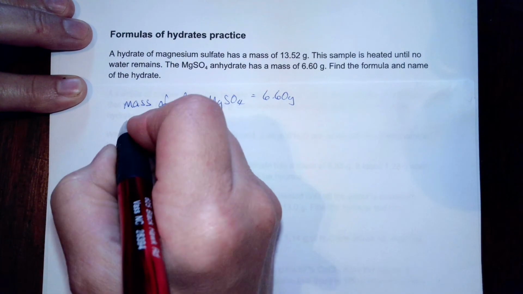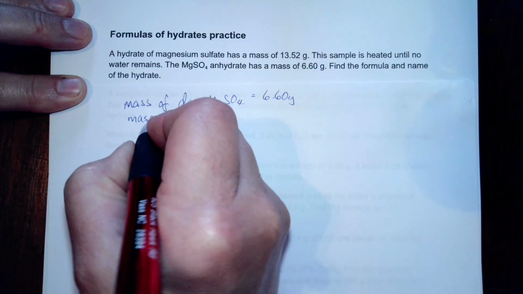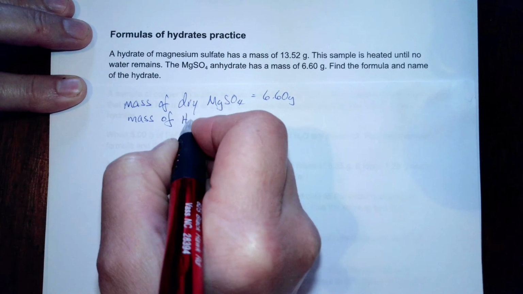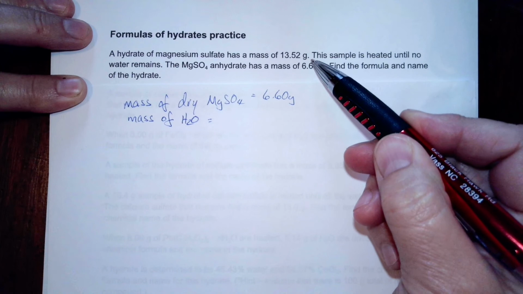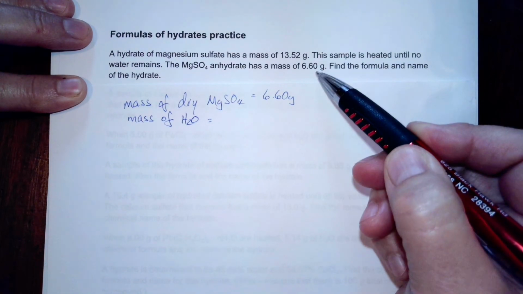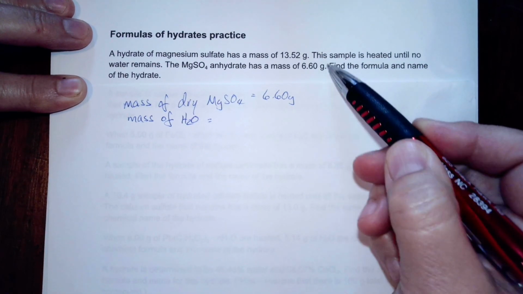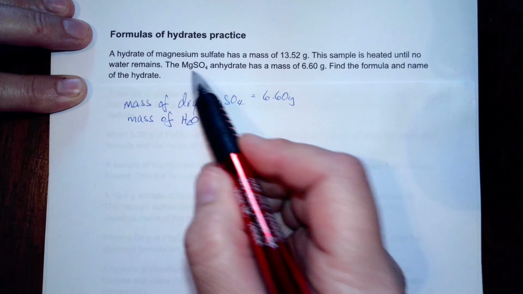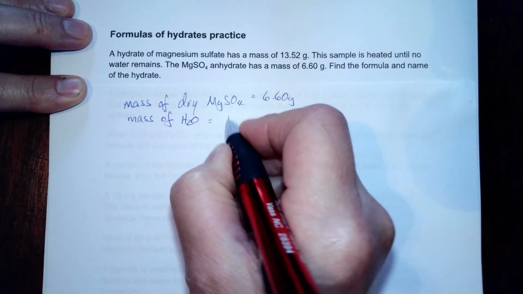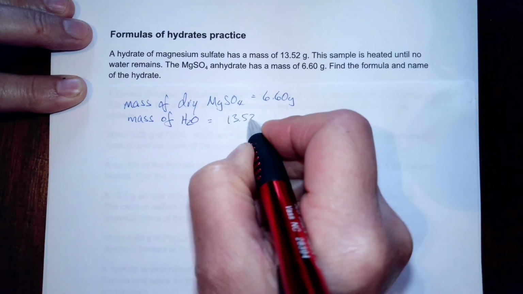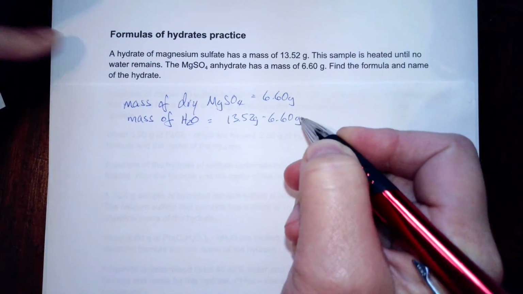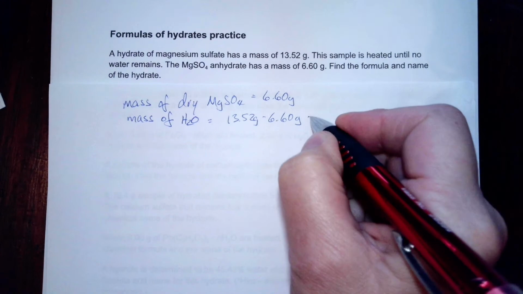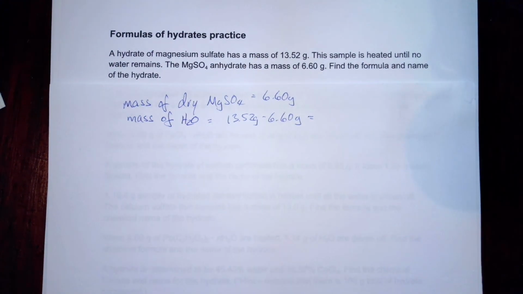So the mass of water is going to equal the initial mass of the hydrated salt minus the part of that mass which is magnesium sulfate. So that's going to be 13.52 grams minus 6.60 grams. And I will figure that out when I get my calculator out.